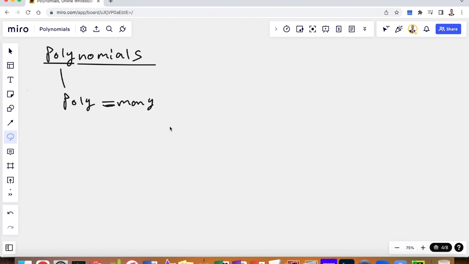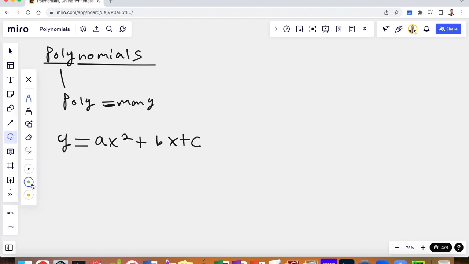Let's say, for example, I have a polynomial in the standard form ax squared plus bx plus c. I know that this is going to be a parabola based off of the x squared term, right? This is the strongest term, the x squared term, and it describes the behavior of this whole polynomial.